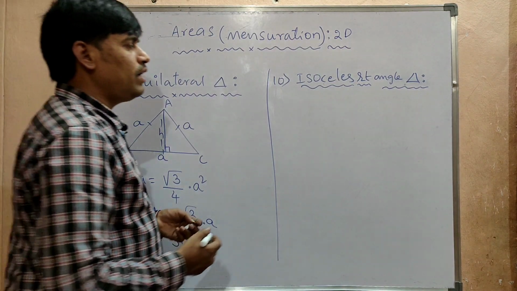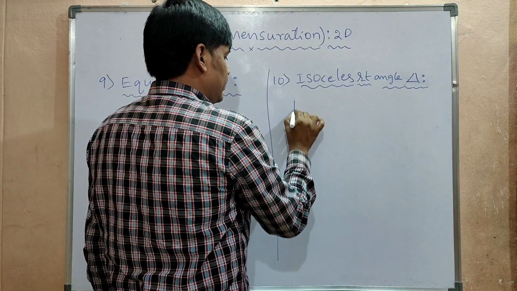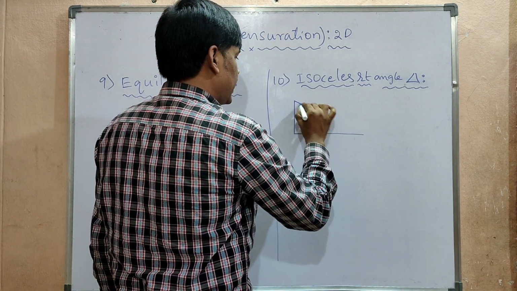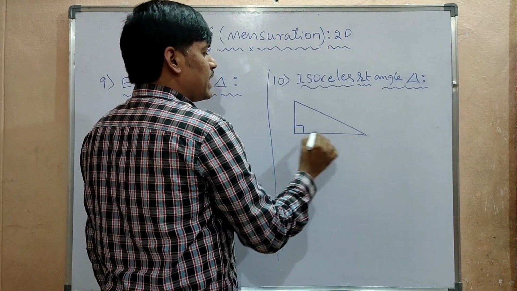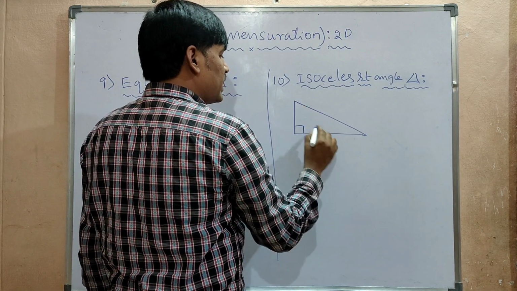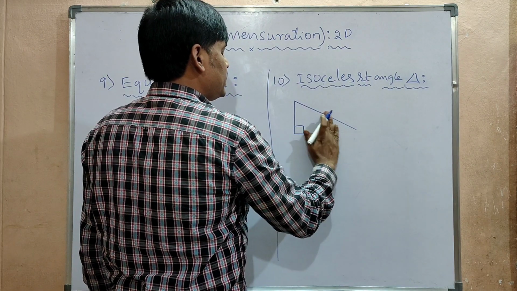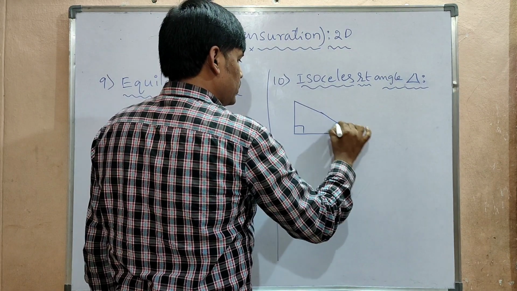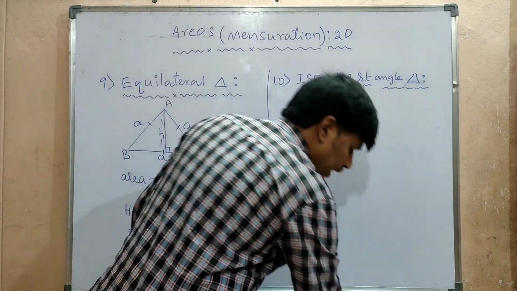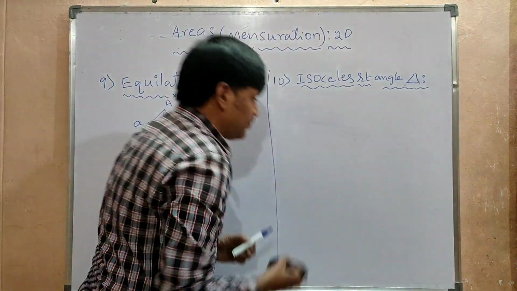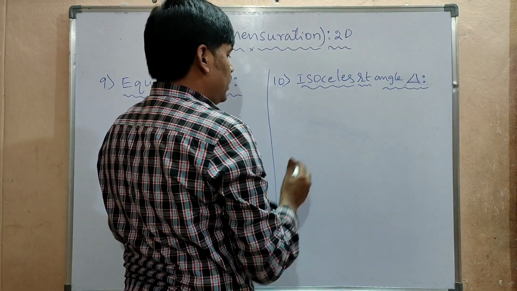Now I am taking the isosceles right angle triangle. Here I am taking this triangle. Isosceles means two sides are equal.